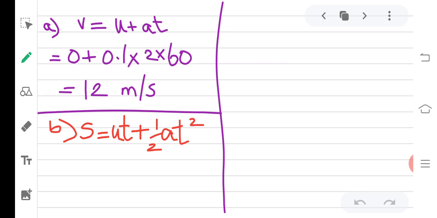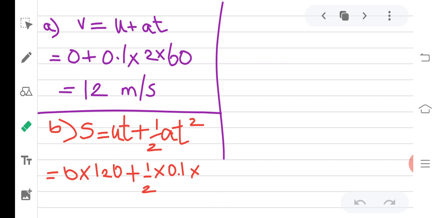Now again substitute the values: 0 into 120 plus, because 120 seconds, plus half into 0.1 into 120 square.